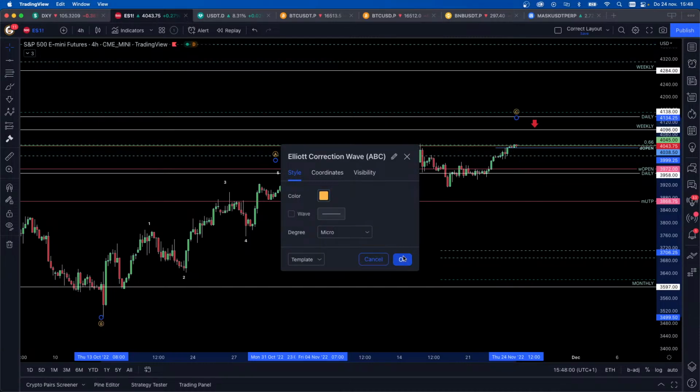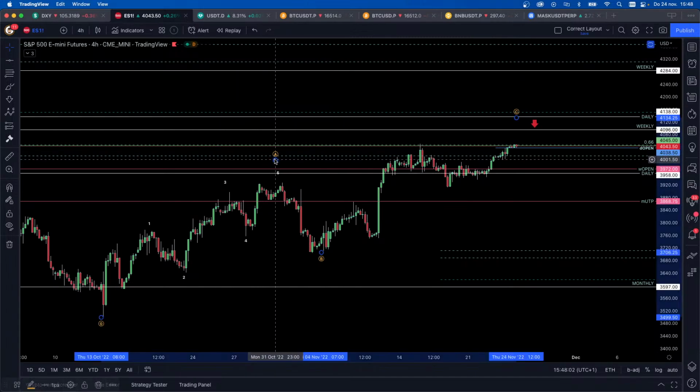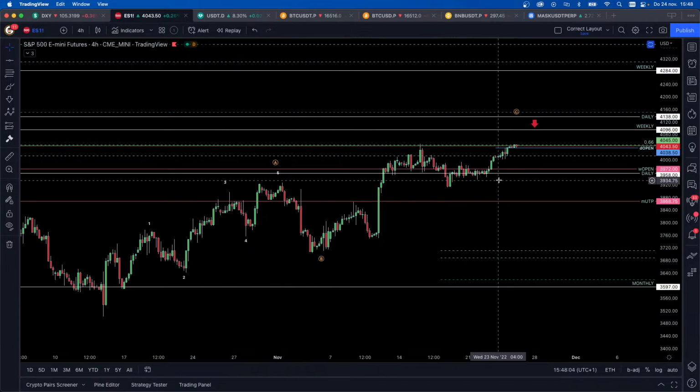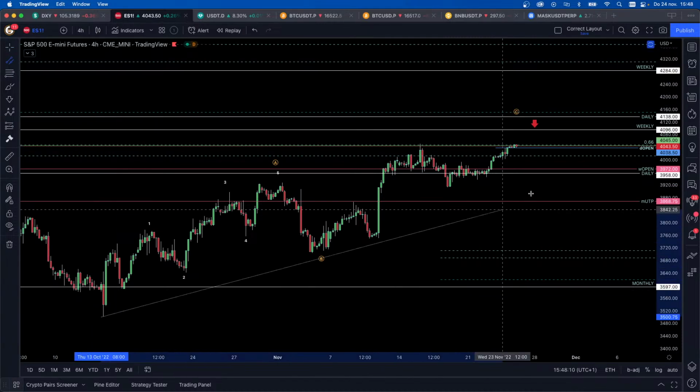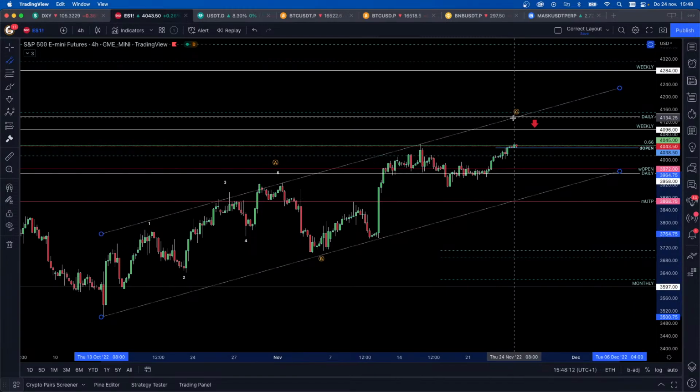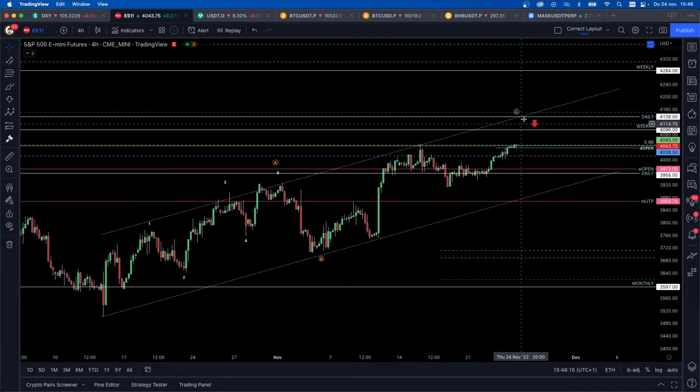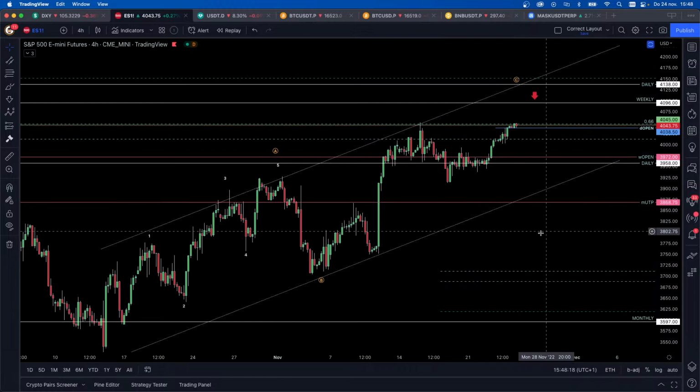So there are not any signs of weakness yet. We have this channel over here, so we might get towards that daily and that weekly level too.